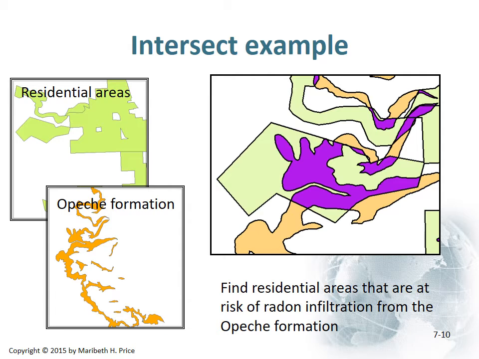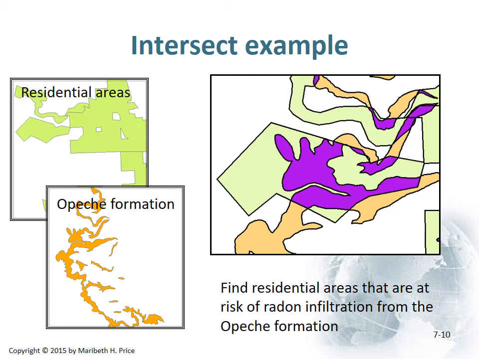So if we know that we've got a natural hazard, being a rock type that is known to emit and produce radon gas, which is toxic for humans, and we have residential areas, we might be interested in knowing, are there any spatial relationships between those two?